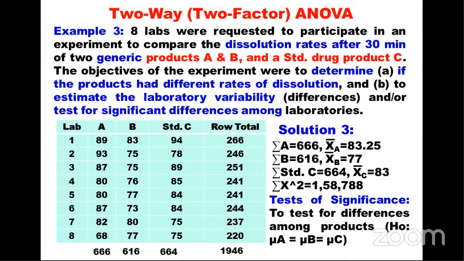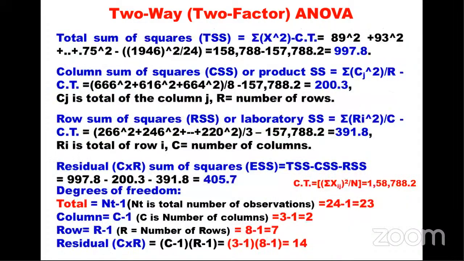So we calculated the mean of A, B, C, and the standard deviation and sum of squares. Then we calculated TSS. We calculated CSS, meaning columns A, B, C. We calculated the row sum of squares, meaning labs, and so on. Then the interaction from the given data, so ESS is equal to TSS minus CSS minus RSS.